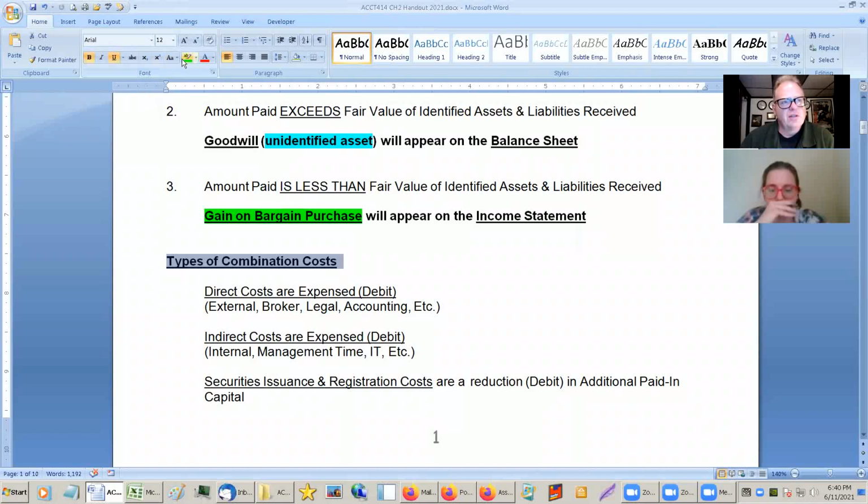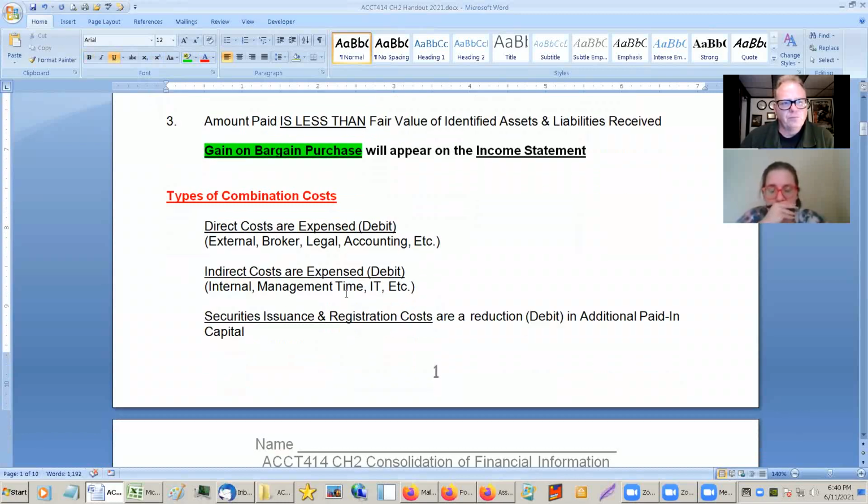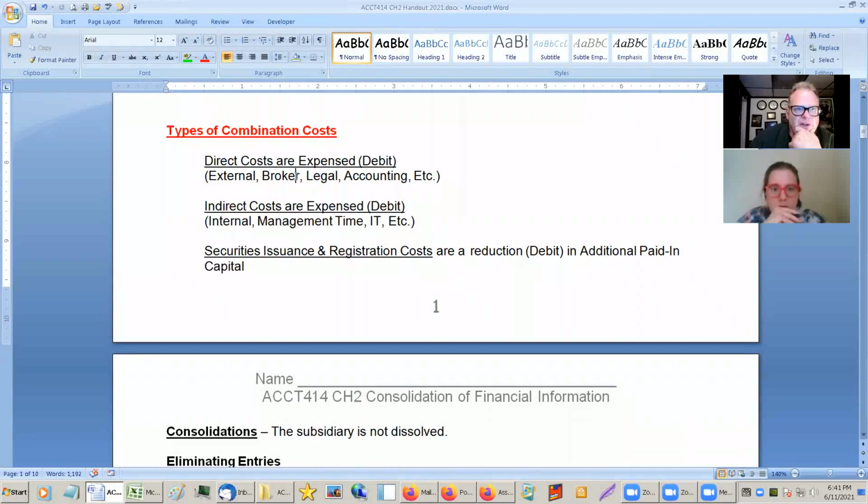Combination costs, and the question is, where do they go? Direct costs are expense. You have people working at external brokers, the accounting people, you may have consultants and that kind of stuff.